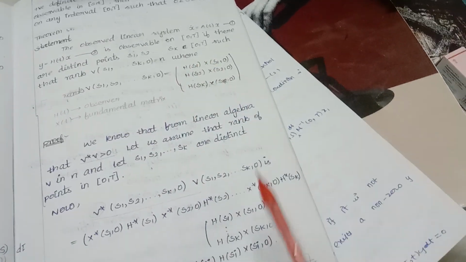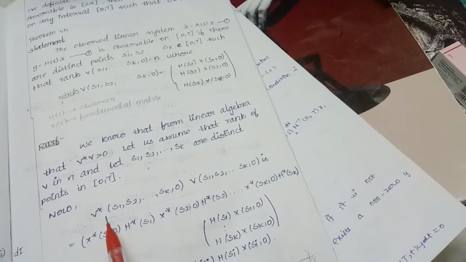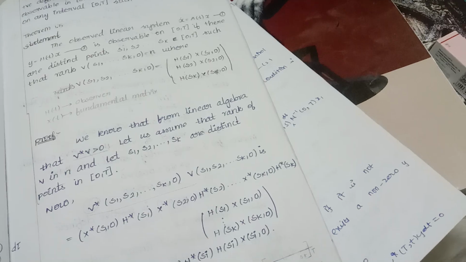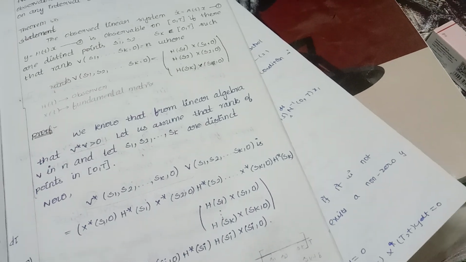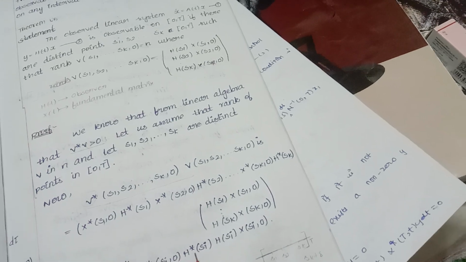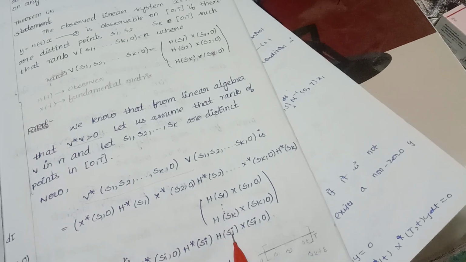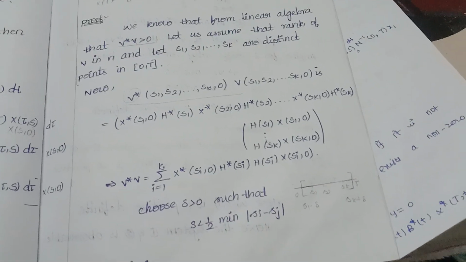Then V star is nothing but this term. So V star V is nothing but the summation of all these terms: X star of si, 0, H star of si, H of si, X of si, 0. Now we choose some delta greater than 0.